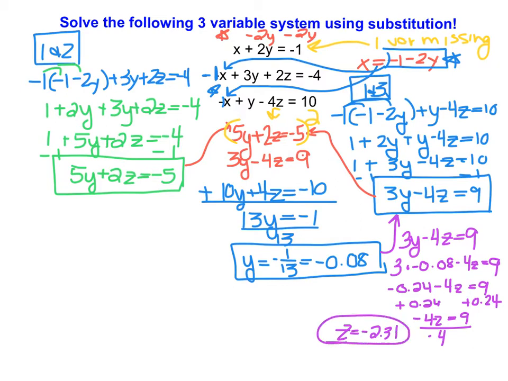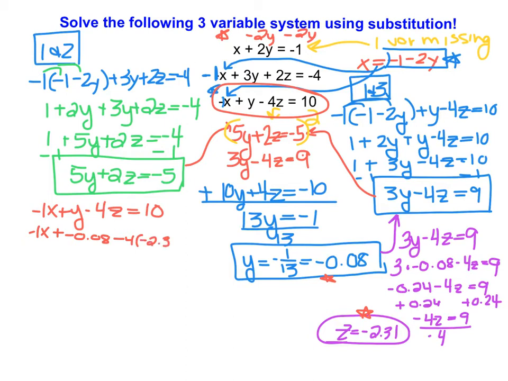So now that I have two variable values, I have y and z, I'm going to take both of those, go back into an original equation, and it doesn't matter which one we pick, so I'm just going to pick this one right here. So I have negative 1x plus y minus 4z is equal to 10. And I'm going to substitute those two values in there to find my x value. So I have negative 1x plus a negative 0.08 minus 4 times a negative 2.31 is equal to 10.